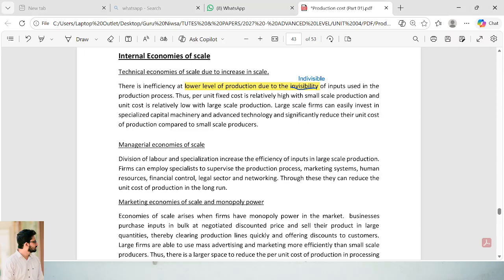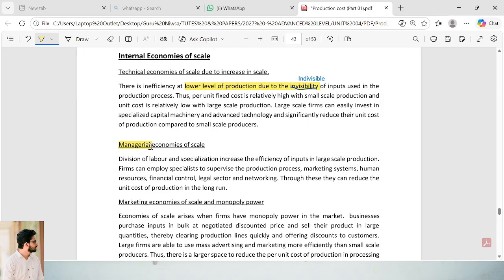Next one, managerial economies of scale. This is very simple, right? Have you ever learned about business activities, or we can say functions of a business? In business studies, you might have learned, I don't know whether you're doing business studies or not.